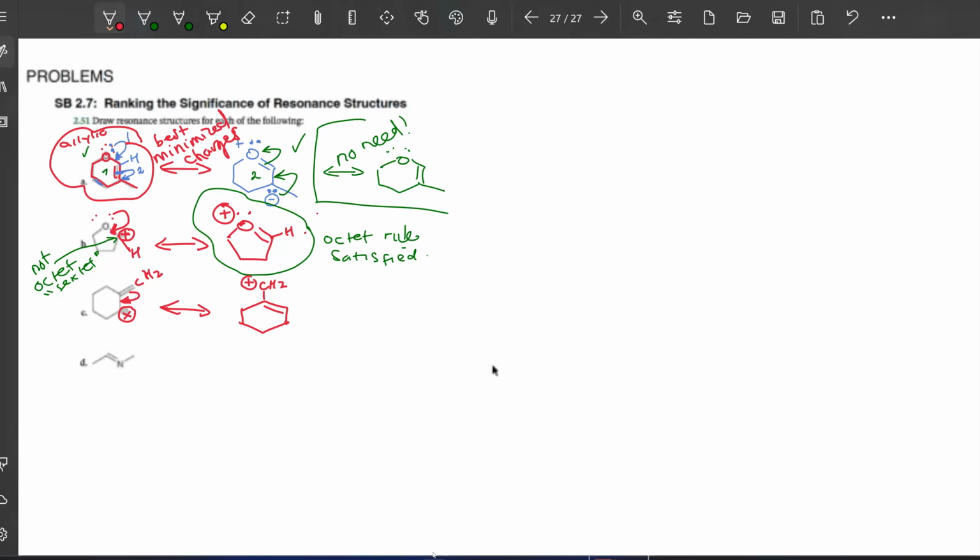Okay. So what you're looking for here is just the stability of carbocations. The black one is secondary, correct, secondary allylic.